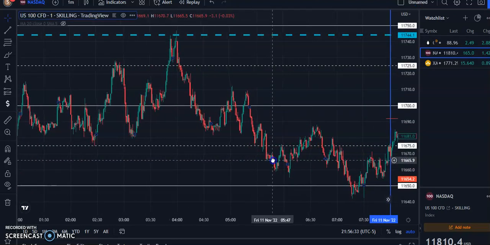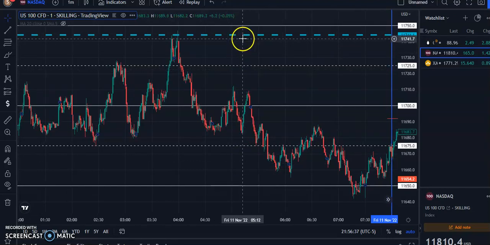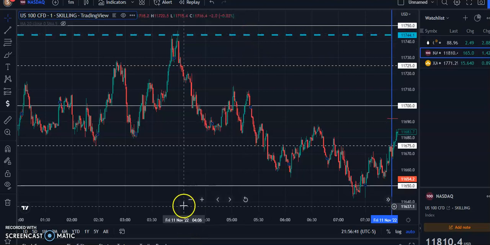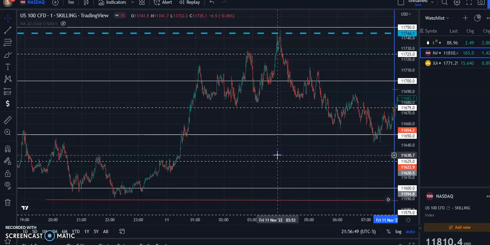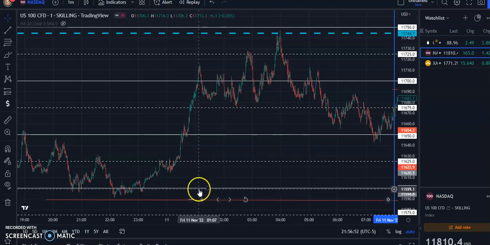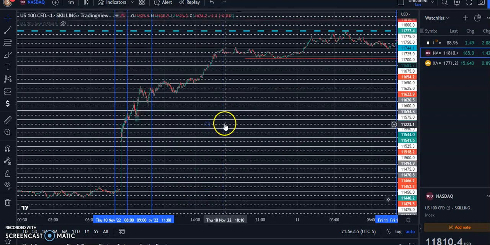Now, as usual, we have our high of the week, high of the day up here, and we have our low of the day here. Now, if you don't understand what the high and the low of the day is, as you can see, this blue line here represents the beginning of a new day.